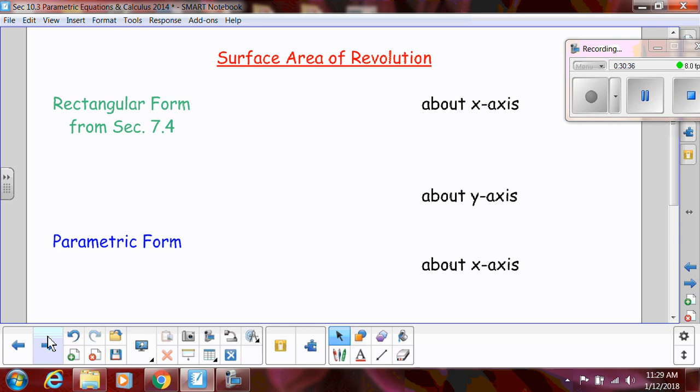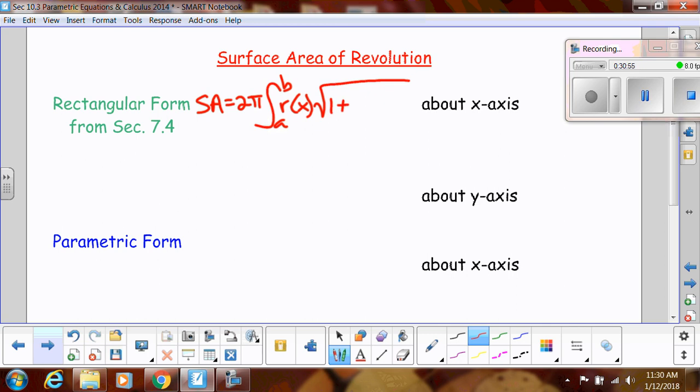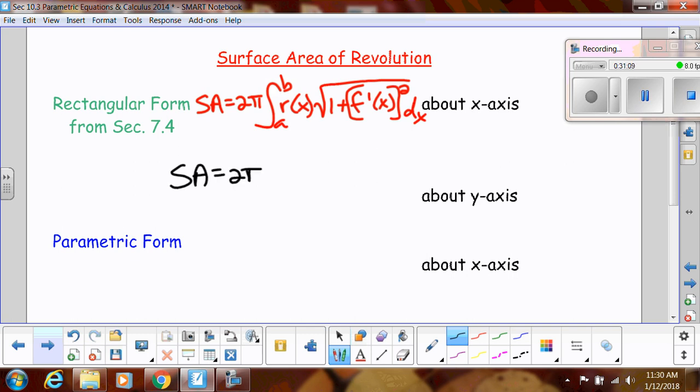So reminder, a rectangular form of surface area, if it was about the x-axis, we said the surface area was 2 pi integral from a to b of r of x times the square root of 1 plus f prime of x quantity squared dx. Okay, and then if we did the y-axis, we could do it this way, whatever was more convenient, right?